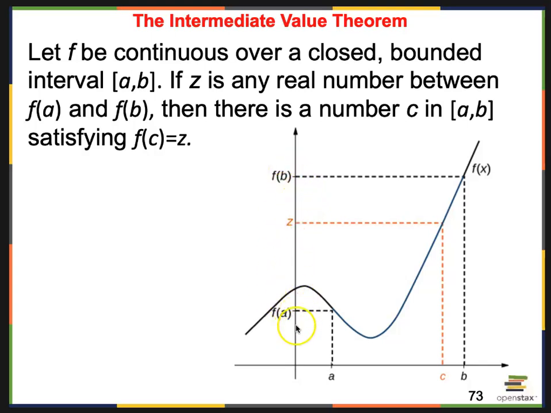If that is true, then there is a number c in this interval satisfying f of c. Remember, this is f of c right here, and it would equal whatever z is. So that's the intermediate value theorem.